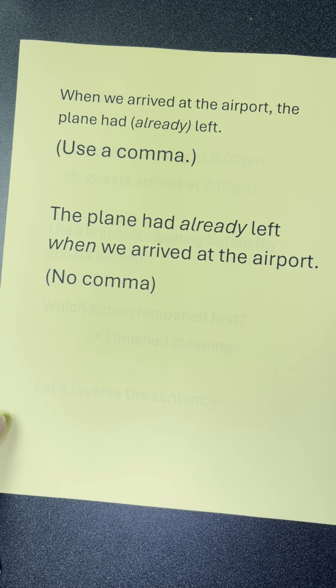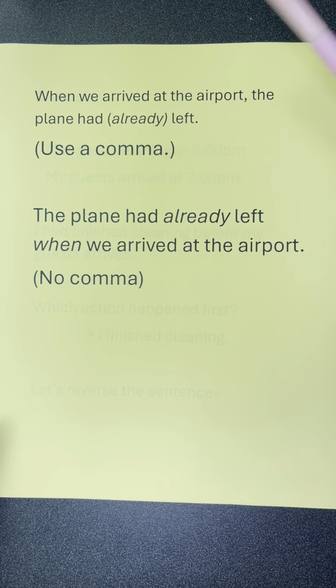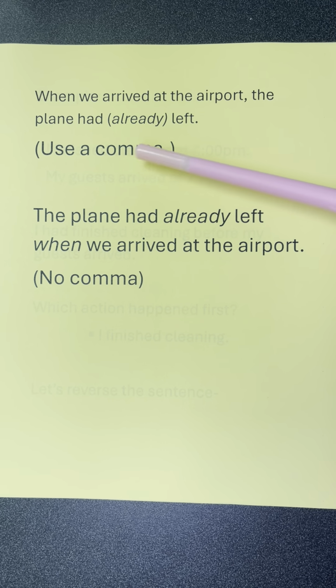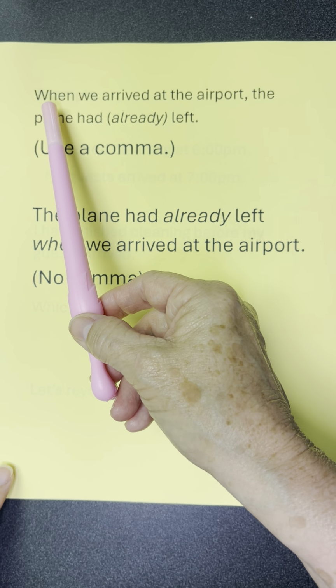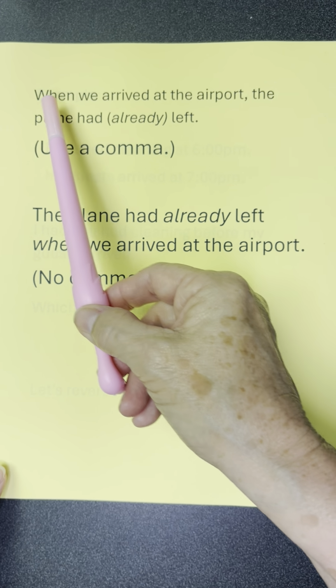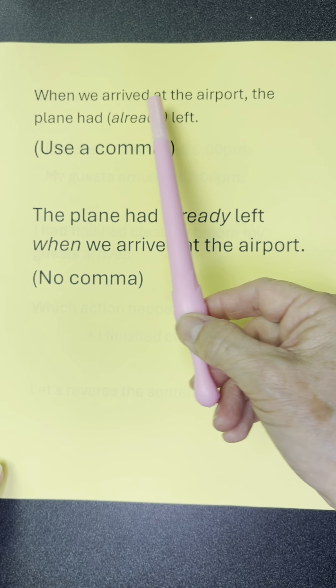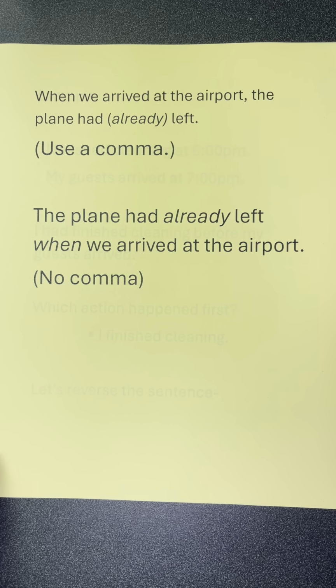Okay, so at the top it says, when we arrived at the airport, there's your comma, the plane had already left. So we use a comma. So when we put, this is called a clause, when at the beginning, when we arrived at the airport, we need a comma. Again, that is the second action.